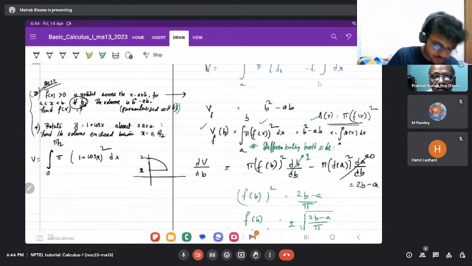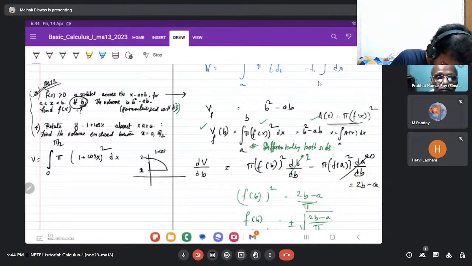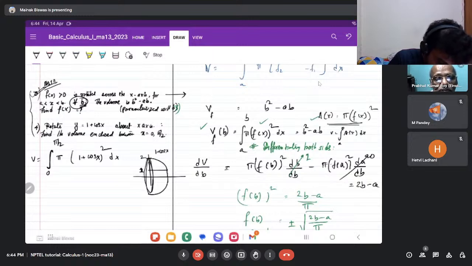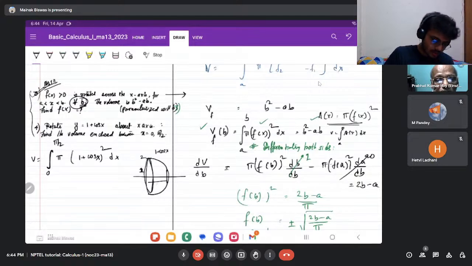Agreed? This is your 1 plus cos x between 0 and pi by 2. And you are rotating this, so you will have something like this. This is your volume. There will be no emptiness, it will just be like a dome. Agreed?